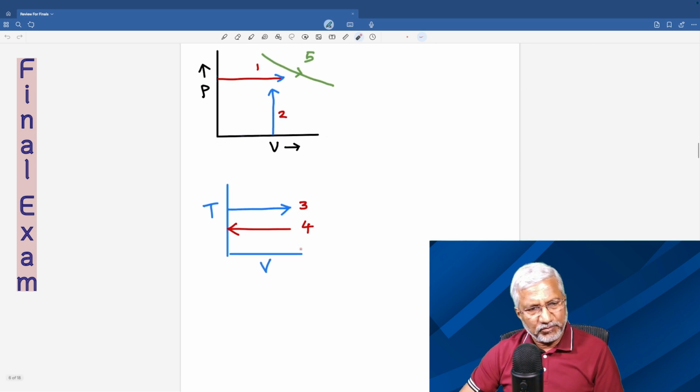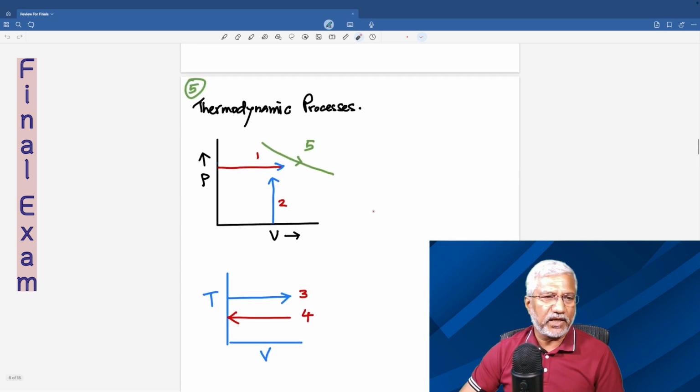But down below you have a temperature-volume graph. So you got to be careful. That's temperature on the y-axis, which means number 3 shows what? Increasing volume but constant temperature. What's number 4 showing? Well, decreasing volume but temperature constant. Right? Make sense? Now go to number 5.